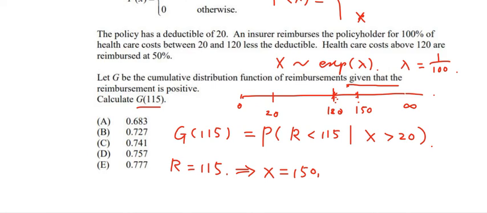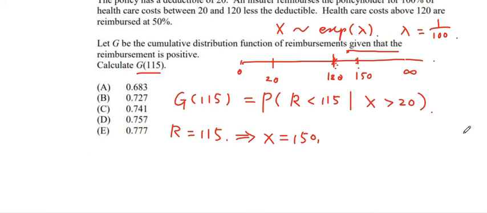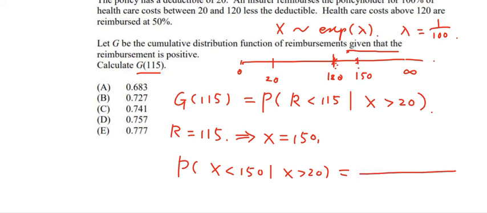Okay, so now the problem becomes easy. This is just a conditional probability: x less than 150, given x larger than 20. So the probability is P(x between 20 and 150) divided by P(x larger than 20).